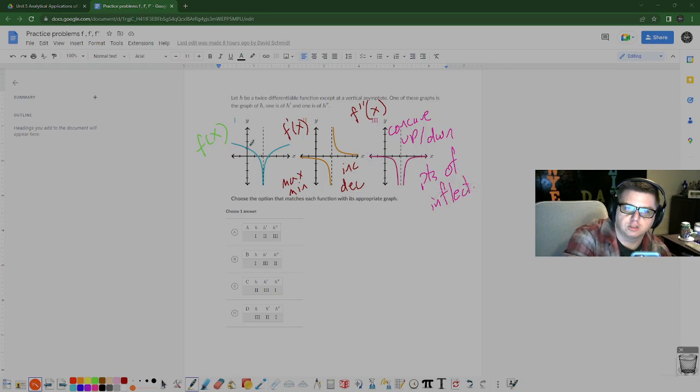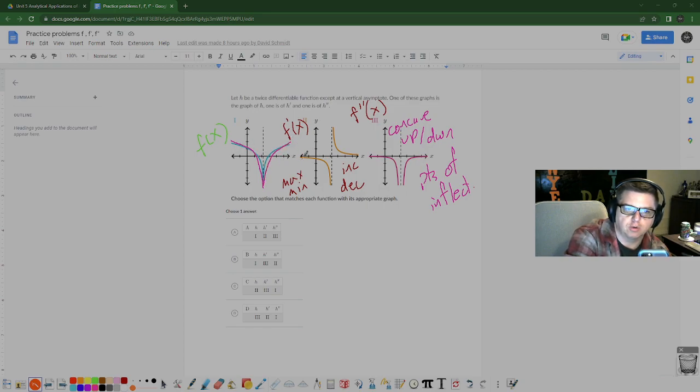Now this one doesn't change concavity from going concave down to concave up. That's where you would see like an x cubed type of function where it changes from down to up. That would be like a point of inflection. This one doesn't though. So we have decreasing till we get to the asymptote. Then we go increasing past the asymptote.